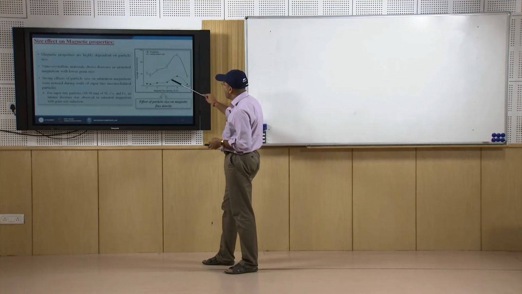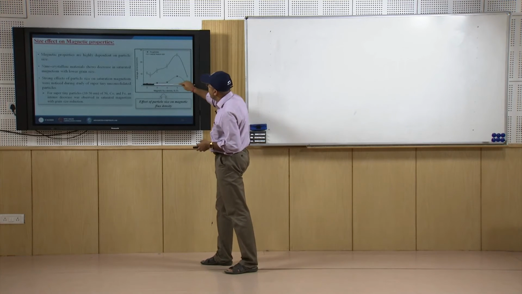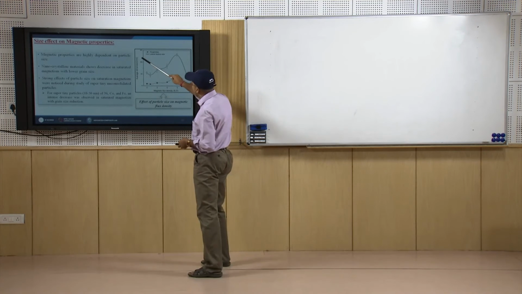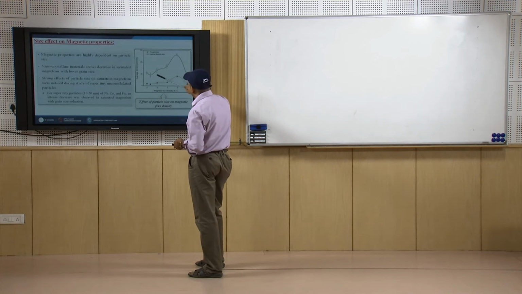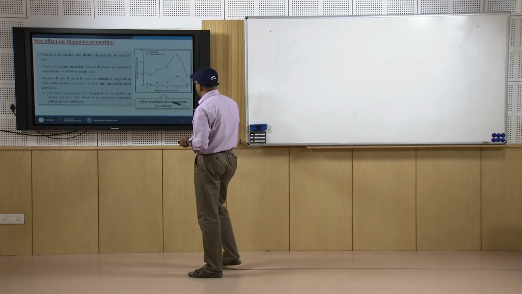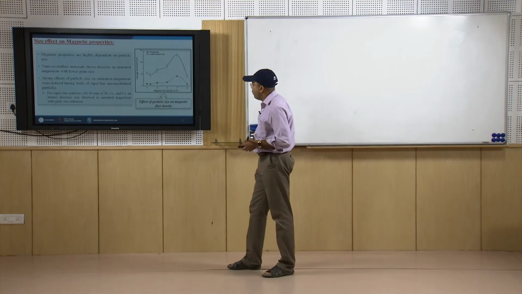So, here is the magnetic flux density and here are the average dimensions. One is called the roughness, another one is called the lateral feature size. So, this is the effect of particle size on the magnetic flux density.